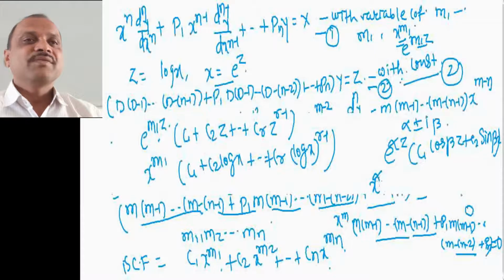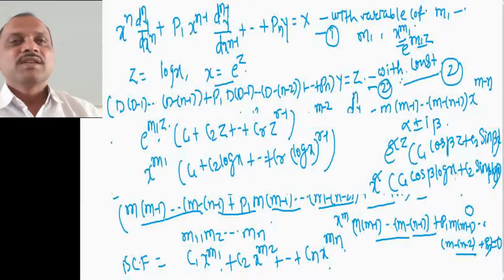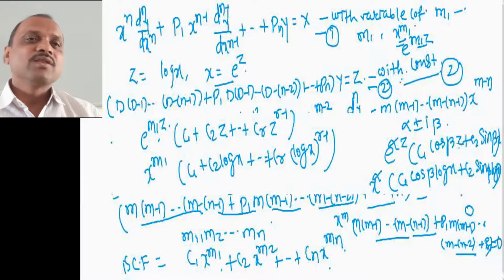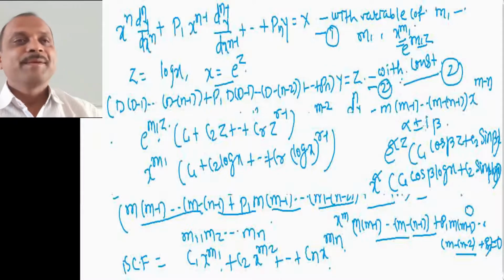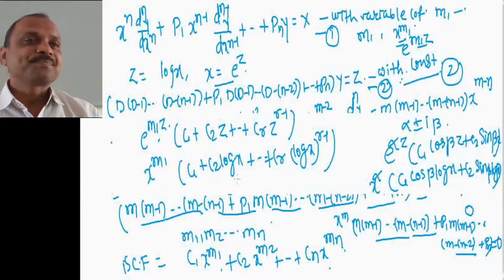But in terms of x, this will be x raised to alpha into (c1 cos of beta log x + c2 sin of beta log x). So these are the changes where the roots are repeated and where there is a pair of imaginary roots. So what type of roots?